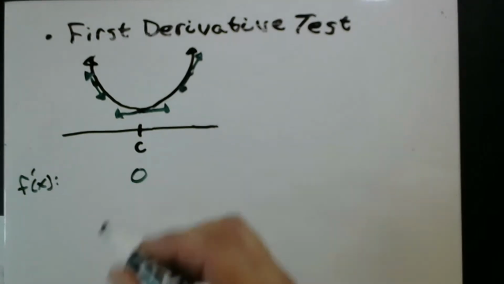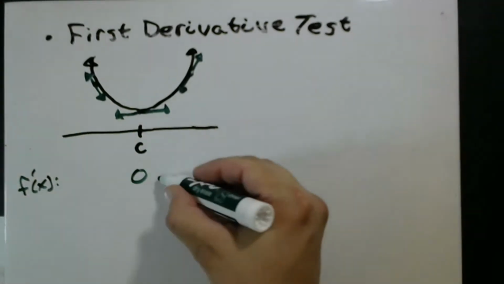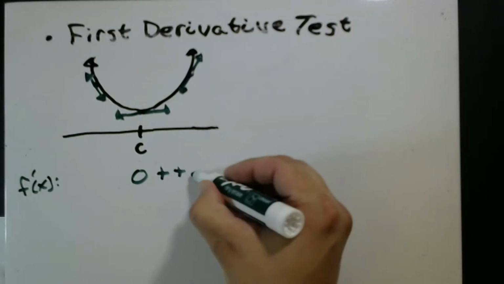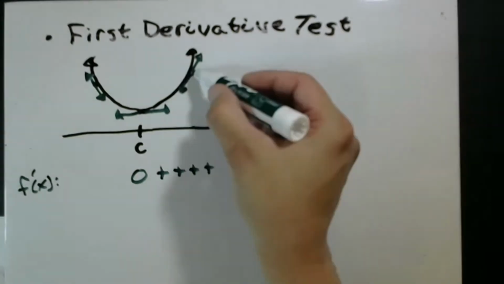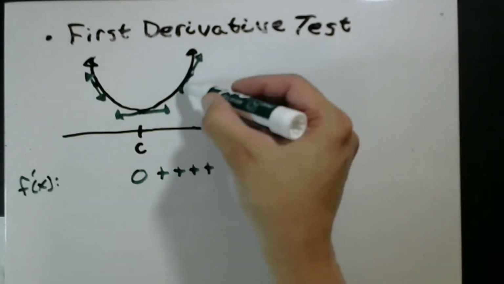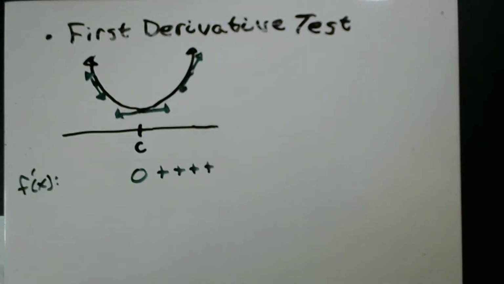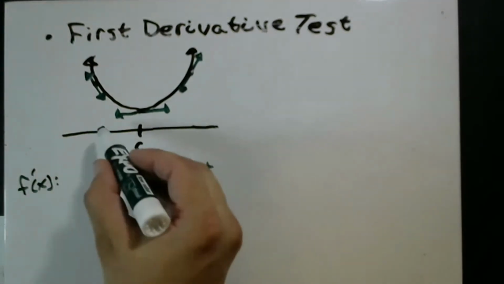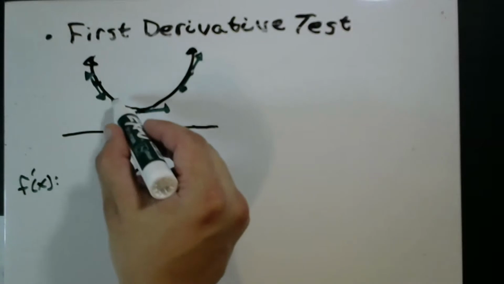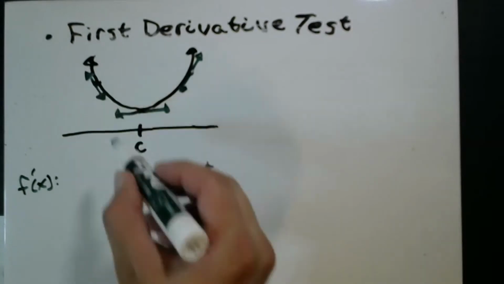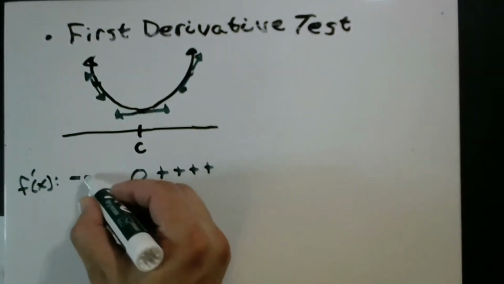well, here we have a slope of 0, but after this, the derivative will be positive because the slope of the tangent lines are going to also be positive. And then on this side, the slope of the tangent lines are negative.